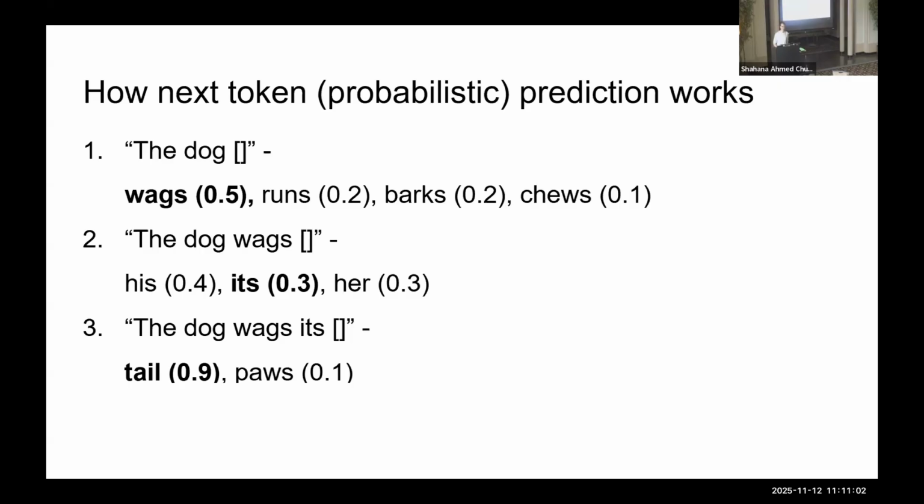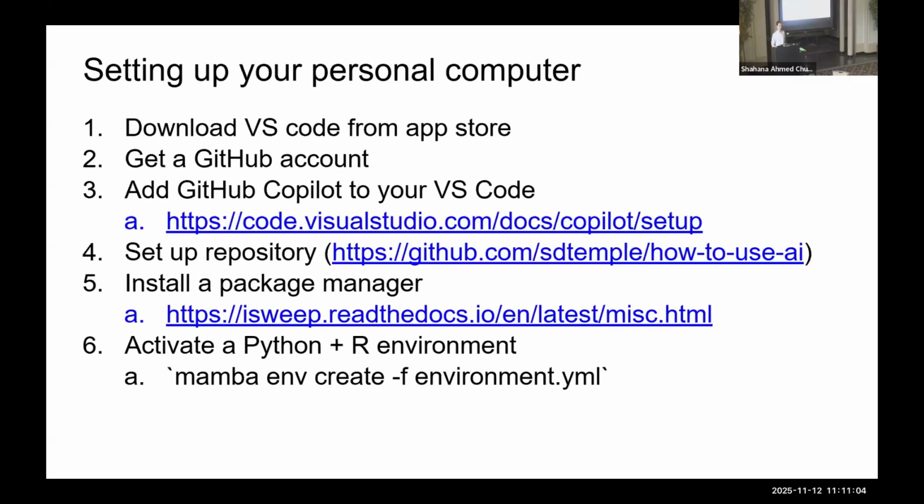So I think Shahana or Kelly sent an email about a setup you could do. This is supposed to be particularly hands-on. This was the instructions to set this up on your personal computer. So you'd have downloaded what's referred to as Visual Studio Code, which if you're on a Windows computer, you could have gone to its App Store.